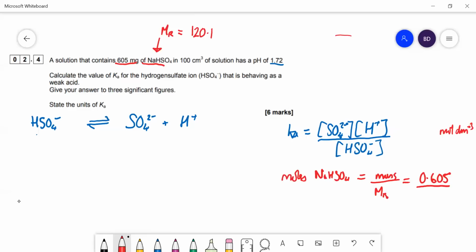Divide by the MR, which is 120.1. That gives us 5.037 times 10 to the minus 3.